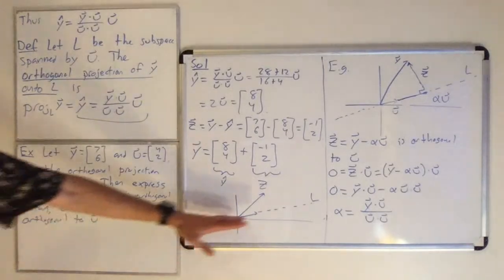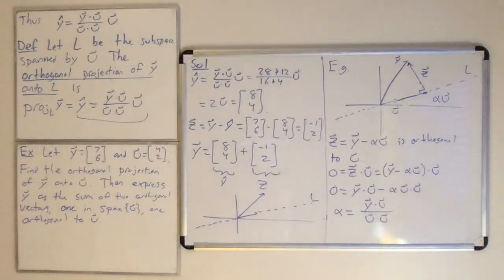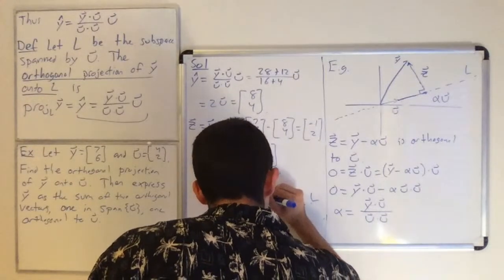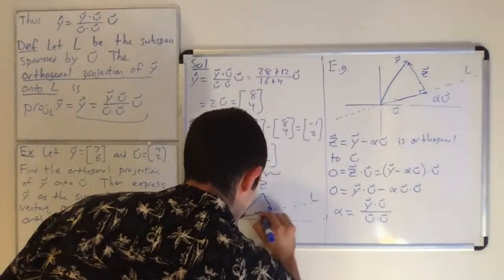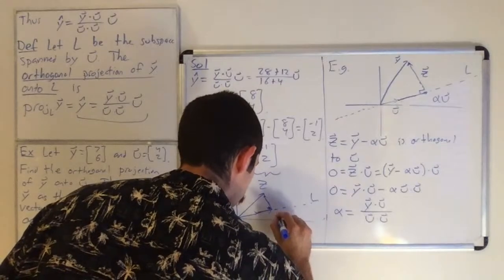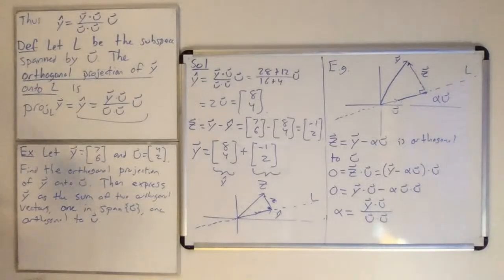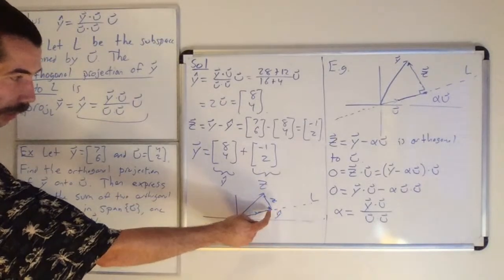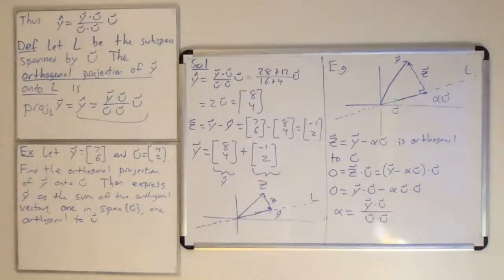So L is the line that goes through the origin in the direction of u. So y hat would be here, the vector 8, 4, and then z would be the vector negative 1, 2. So the drawing does a pretty good job of showing what's happening here.